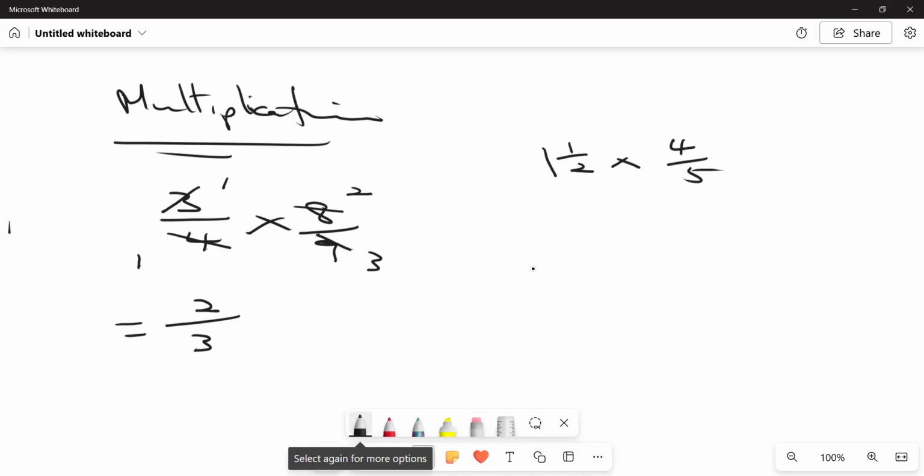I'll go with 4/5. Let's go with that. So what you do, you want to change this to an improper fraction. So you end up with 3/2 multiplied by 4/5.